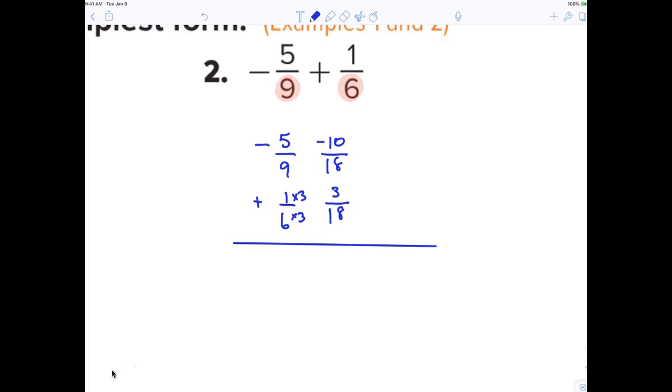So for example, it'd be 9, 18, 27, and 6, 12, 18, kind of like that. And so 18 was what was common. So the common denominator we found was 18. Now it's just a matter of, do you know the rules for adding and subtracting? So this is negative 10/18 plus 3/18, which is going to be negative 7 over 18.